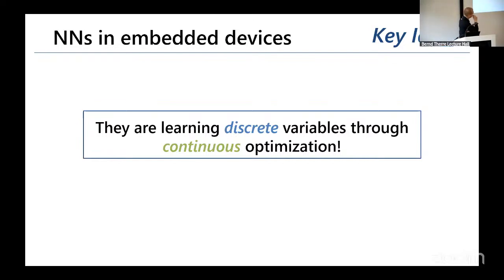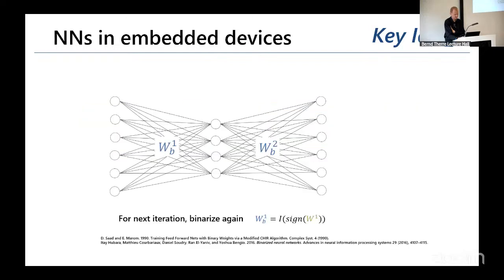So the key thing is we're learning discrete variables through continuous optimization. Why do I say that? Because if this is binary and the activation functions are binary, that means that here in this representation layer, these neurons are either on or off. They're also binary.